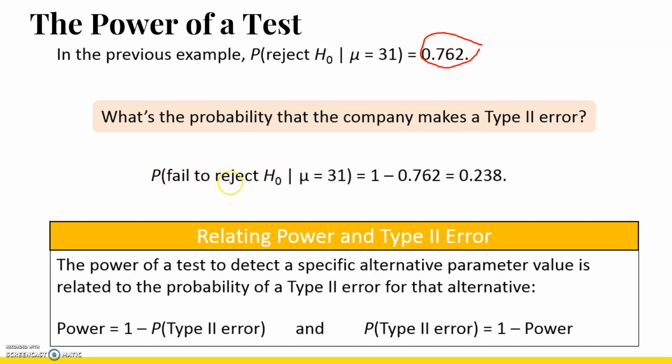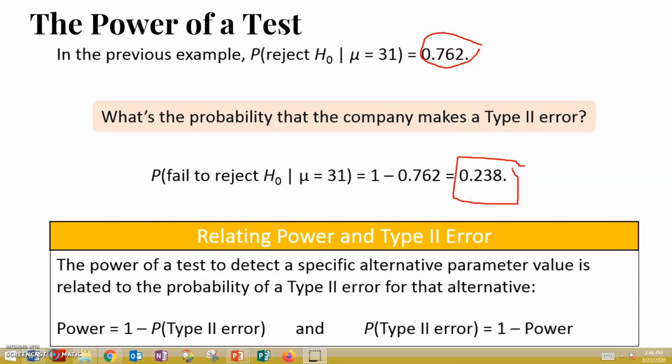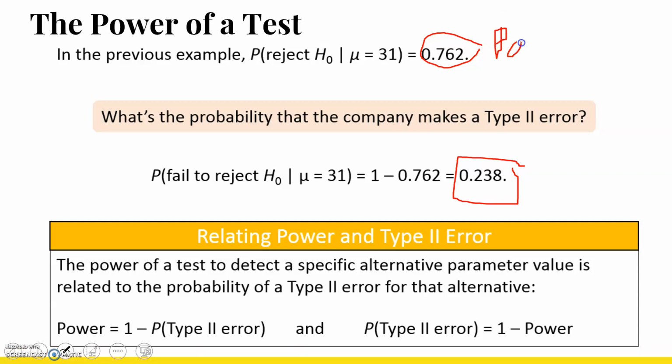So the probability that we fail to reject the null when mu is actually 31 is going to be the complement of this event up here. All right, so if you take the complement of the probability that was calculated up there, you get 0.238. Okay, so this was our power probability. And down here, this is our type 2 probability.